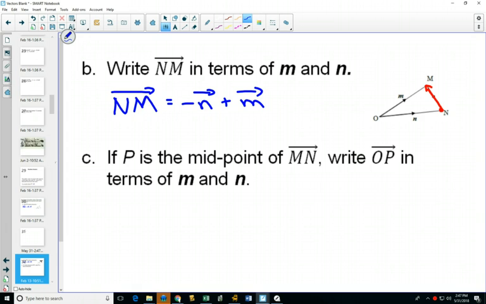Now we're going to add P to be the midpoint of M and N. And you want to get from O to P. But you're only allowed to travel in the directions of m and n. How do you do that?